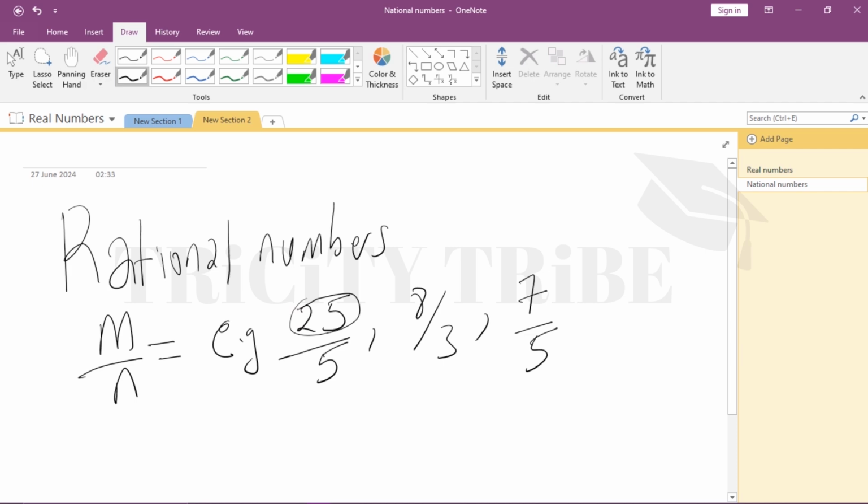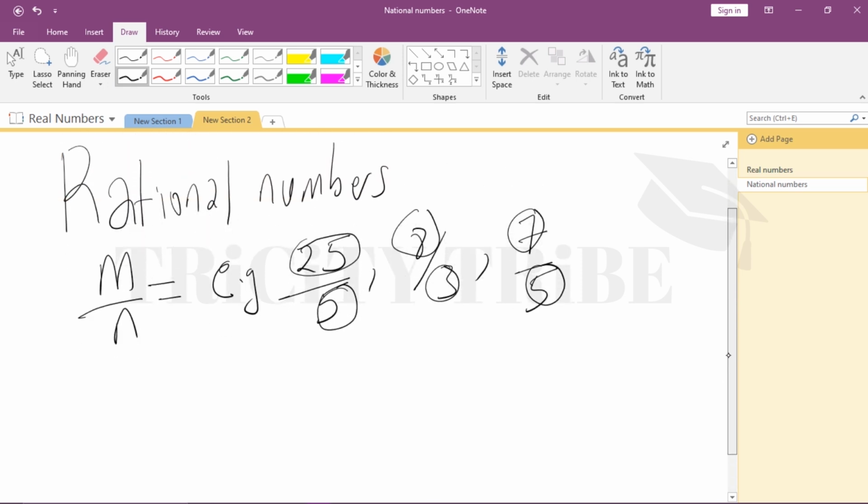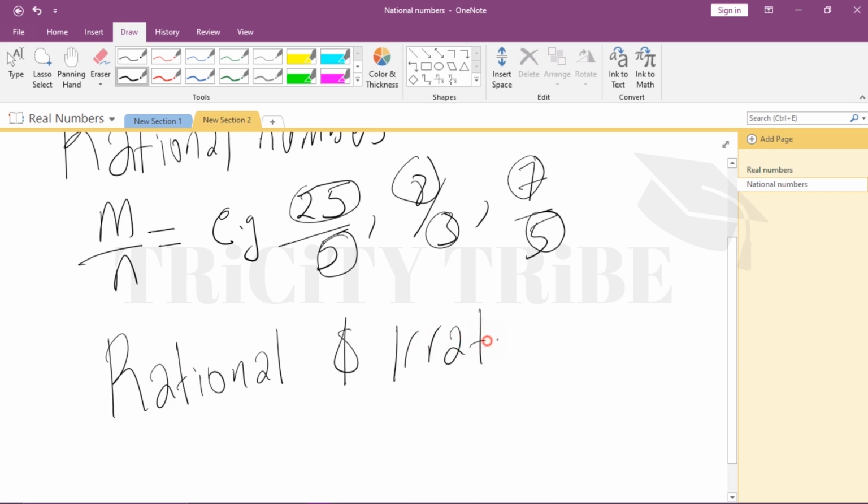This is always an integer, and this is an integer. But this video is just to help you see some basic things. In the next video, I will explain the difference between a rational number and an irrational number. So this is just an introductory part into algebra.